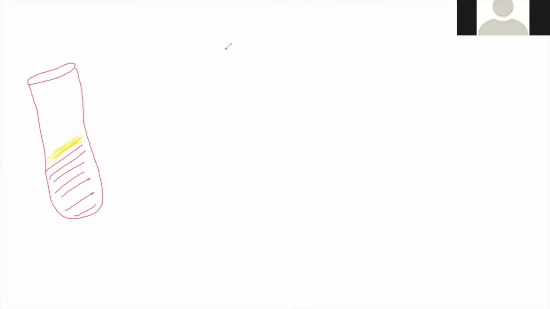All right. So here's this vacutainer again, right? And we said that when we spin the blood, it separates out into its component parts. And we said that we have red blood cells, white blood cells, and platelets, which are our formed elements. And then we have the plasma here, right?